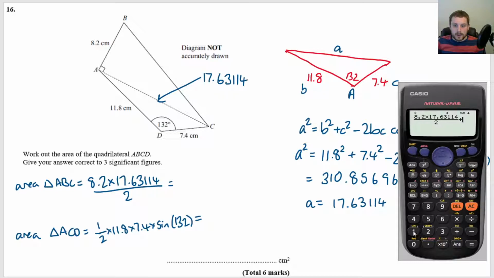And then plus a half times 11.8 times 7.4 times sine of 132. And then to three significant figures, that is 105.